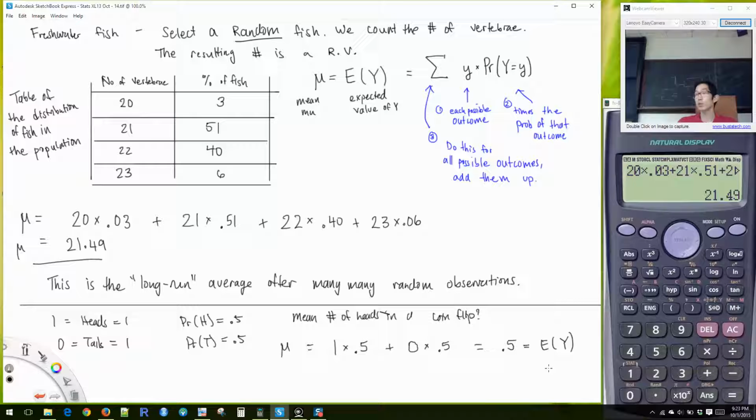But it is no longer correct to use 1 and 2 to answer the question, what is the mean number of heads that I see? Unless you get some foreign coin where you have 1 head on one side and 2 heads on the other side or something. So when we ask these questions, there's some kind of translation into a number here.